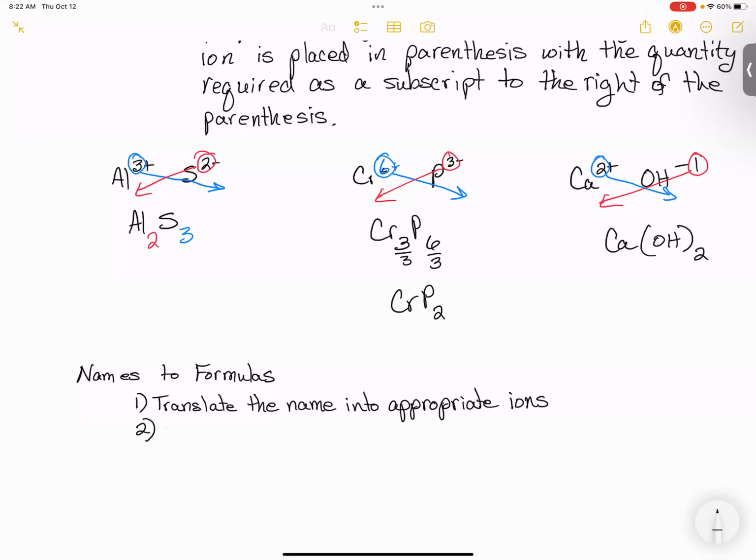Then you'll cross, drop, simplify. So we're only adding one new step, and that's the translation. However, that step is huge. So before I do any examples, I want to discuss that step.